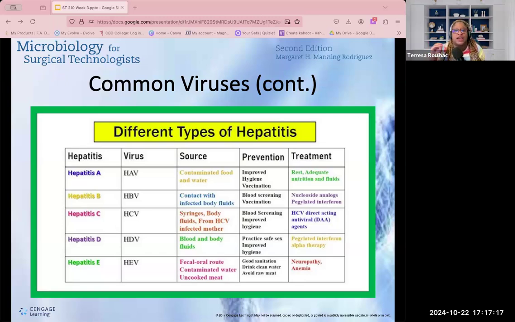It can cause both acute and chronic liver infections, leading to serious complications like cirrhosis and liver cancer. The vaccination is effective in preventing infection.